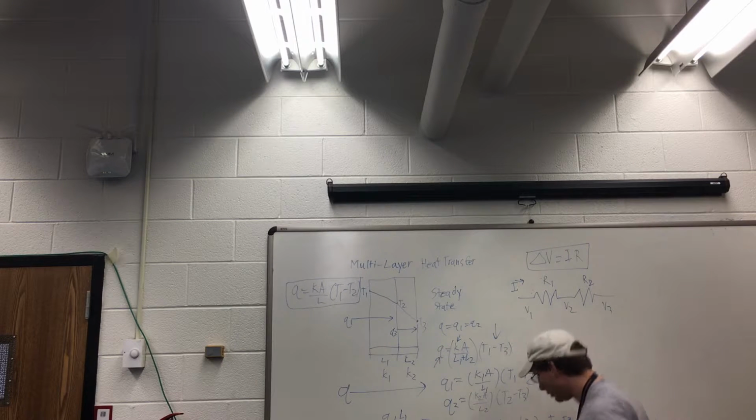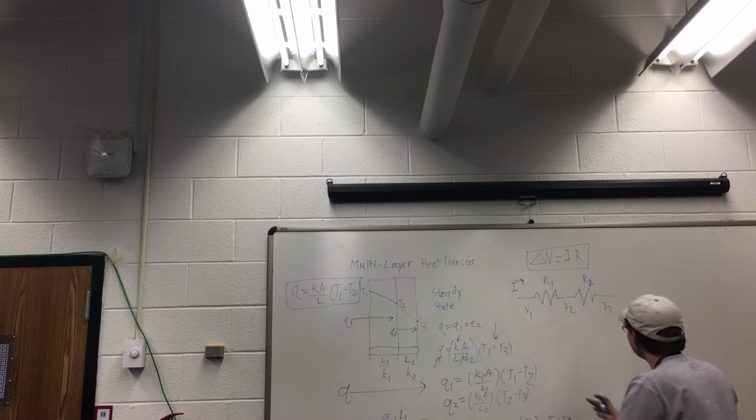And so Q is simply equal to the temperature drop divided by L1 over K1A plus L2 over K2A.